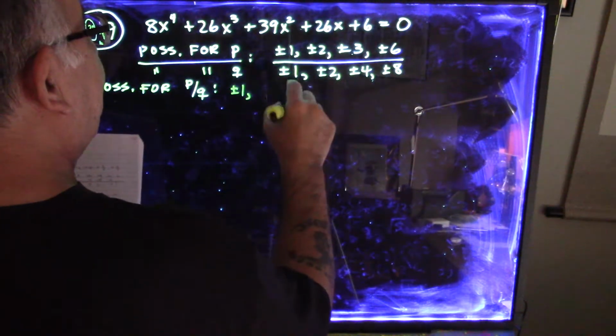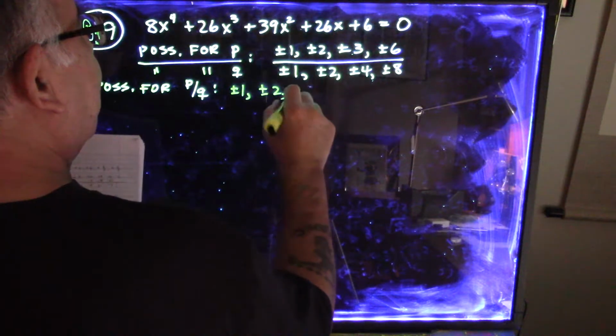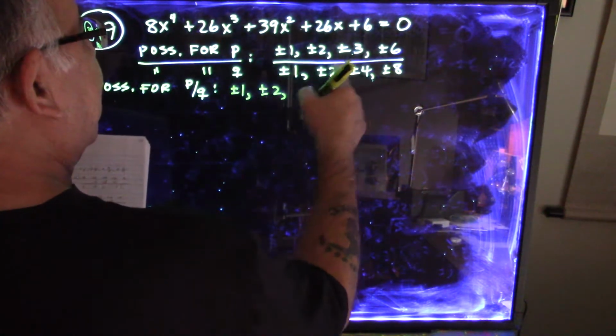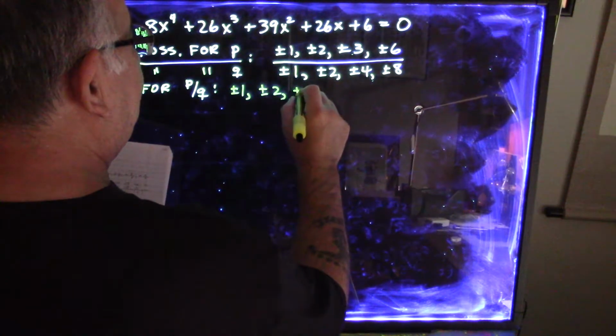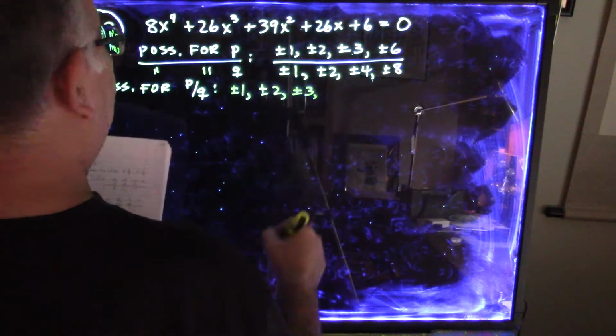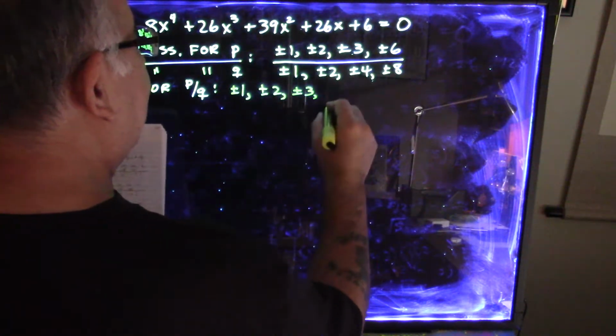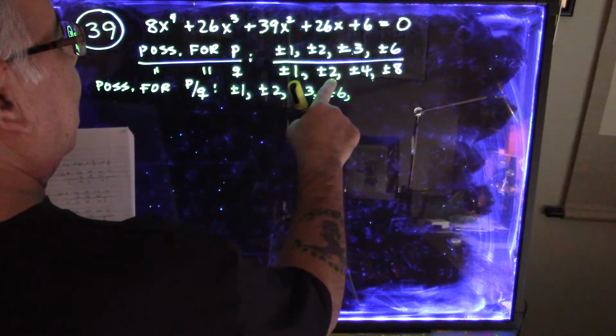Plus minus 2 over 1, or plus minus 2. Plus minus 3 over 1, but it all evens out to plus minus 3. Plus minus 6 over 1, that's plus minus 6. Now we can go to this one.